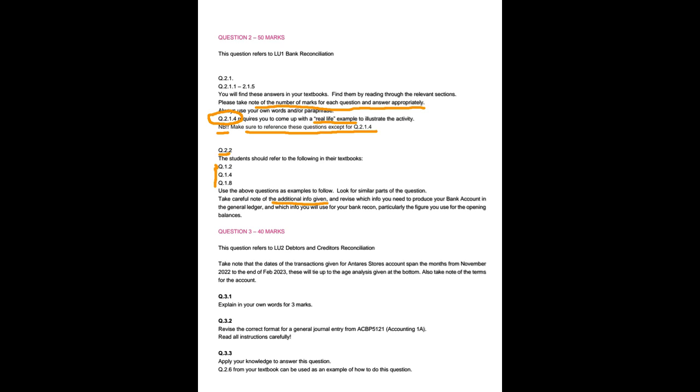And also, reminding you, revise from your textbook which information you use to produce your bank account in the general ledger. So the bank account, remember, is the T account in the general ledger, which is the bank balance in your records, and which information you use for the bank recon.